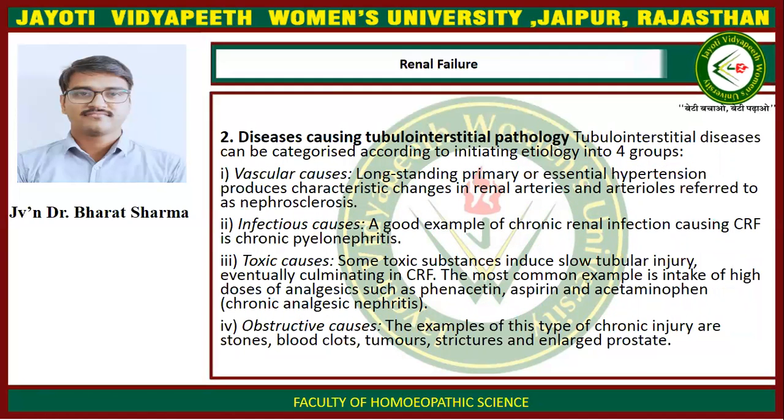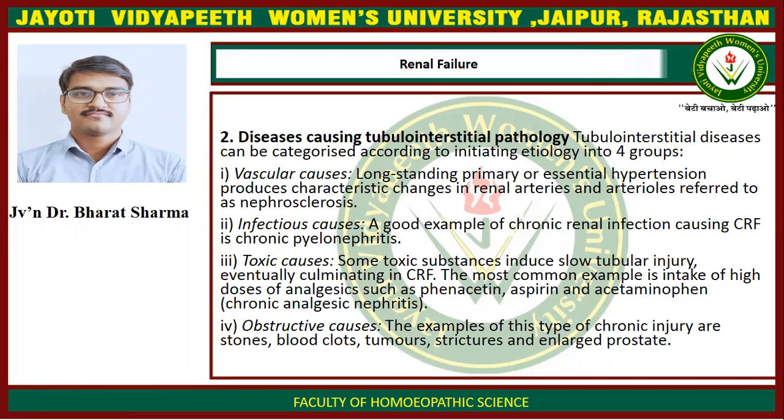Diseases causing tubulointerstitial pathology. Tubulointerstitial diseases can be categorized according to initiating etiology into four groups. First is vascular cause. Long-standing primary or essential hypertension produces characteristic changes in renal arteries and arterioles, referred to as nephrosclerosis.